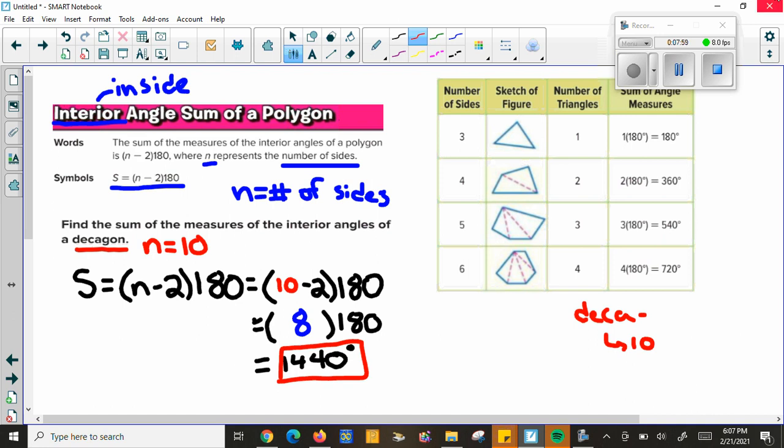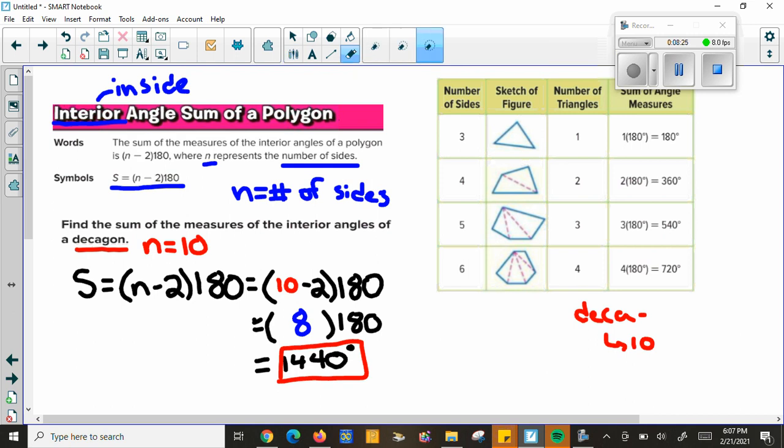This table on the right has 4 different shapes. It includes the number of sides, a shape that goes with it. It says number of triangles and sum of angle measures.